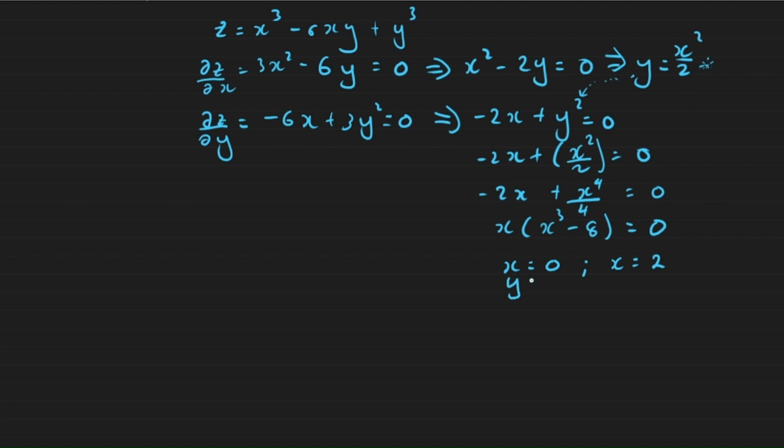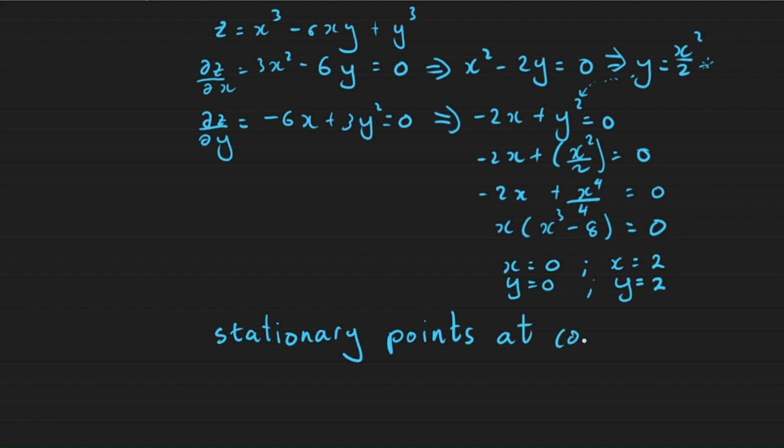So when x is equal to 0, y is equal to 0, and when x is equal to 2, y is also equal to 2. So we know that there are stationary points at (0, 0) and (2, 2).